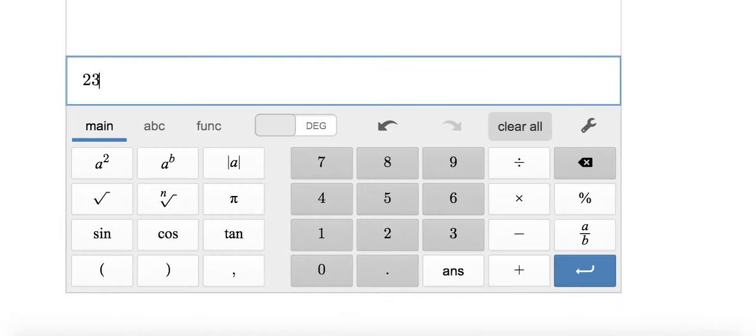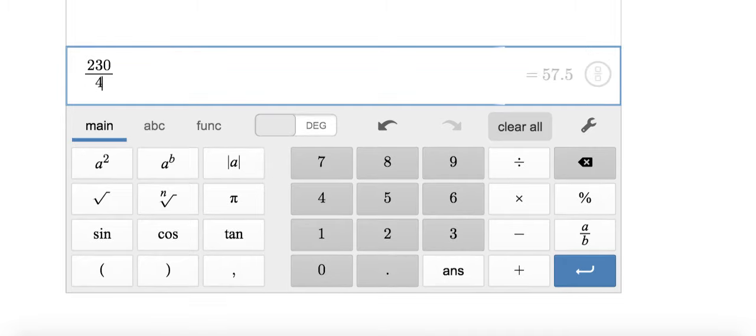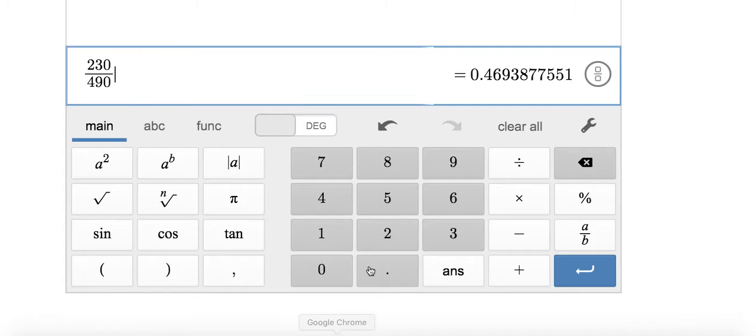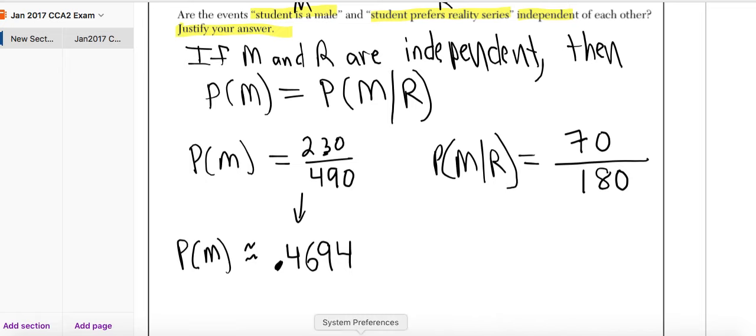So 230 over 490 as a decimal is about 0.4694, right? Okay, now the next one was 70 over 180.